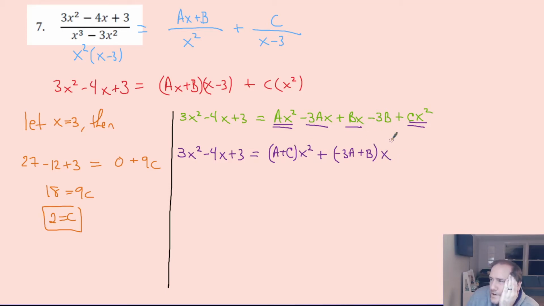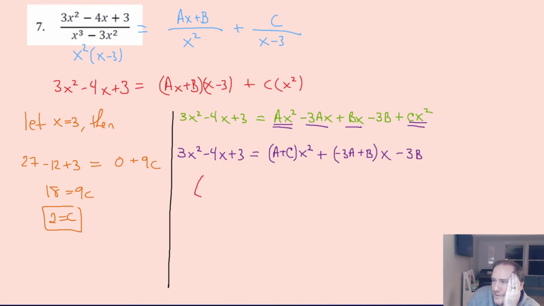And then our only constant is the negative 3b. So actually we don't really need much of a system, do we? Because if this is our only constant term, then we can get right to solving for b. And knowing c, we can get right to solving for a. So this will be kind of a piece of cake.